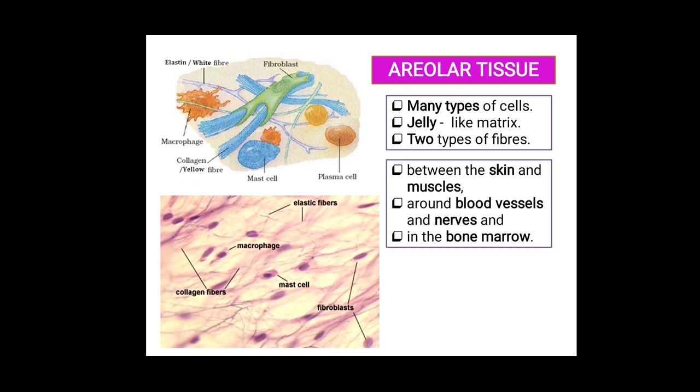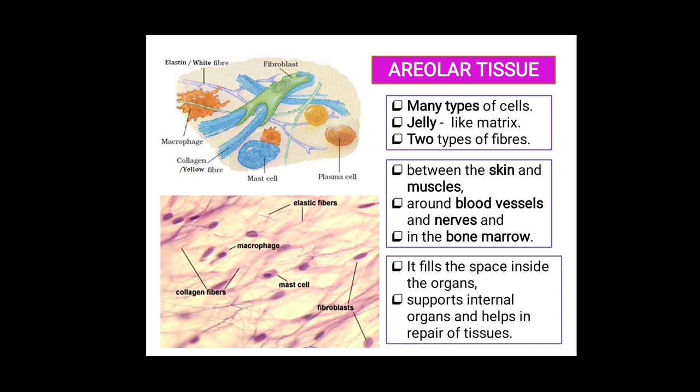Then they are located between the skin and the muscles, around the blood vessels, in the bone marrow, inside the organs, and they support internal organs and help in repair of tissues. So generally areolar tissue is below your skin.